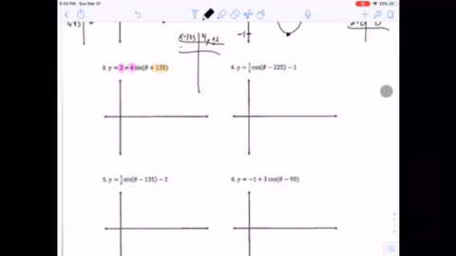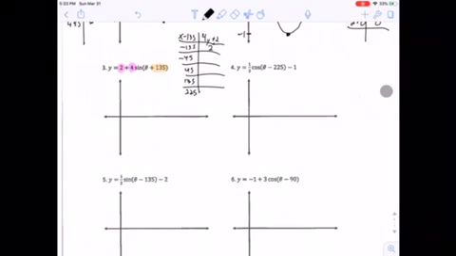So 0 minus 135 is negative 135. 90 minus 135 is negative 45. And then we're going to have 45 and 135 and 225. Okay? And since it's sine, we start at 0. 0 times 4 is 0, plus 2 is 2.